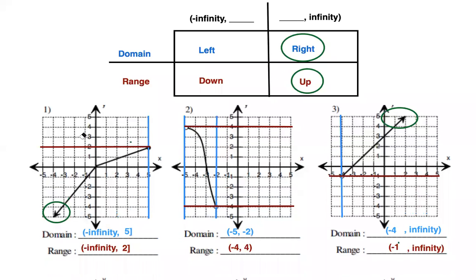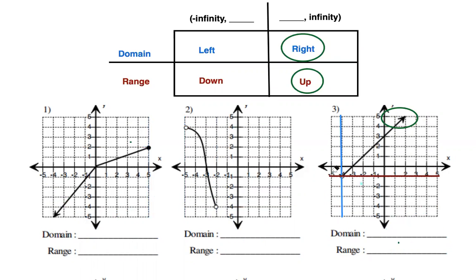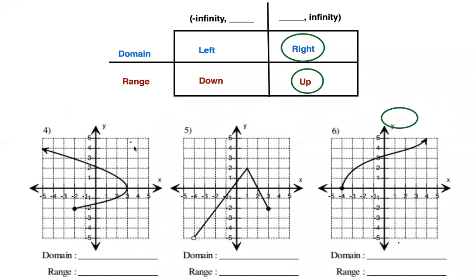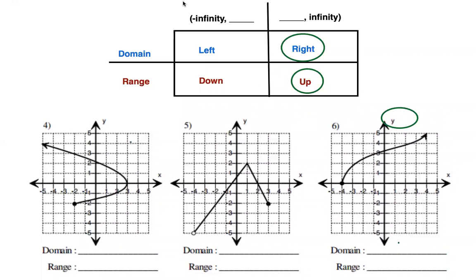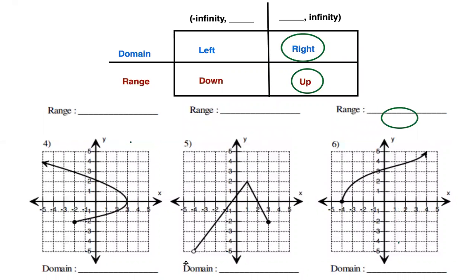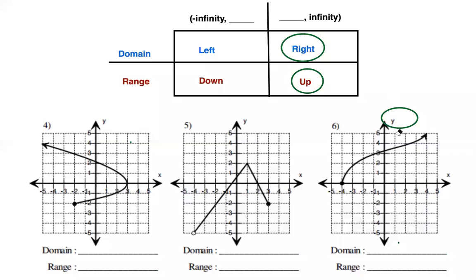Let's look at 4, 5, and 6. For number 4, we have an arrow going this way.